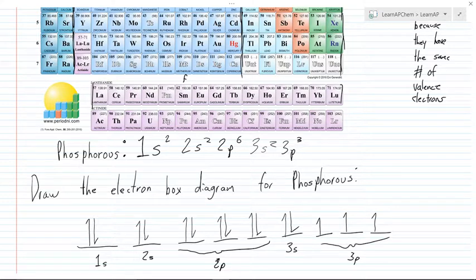So same thing for electrons and energy levels. They're going to go to the empty ones before they fill up other ones. So as I draw on these 3, I fill up empty ones before I go to one that already has an electron. And so here I don't have to double up.